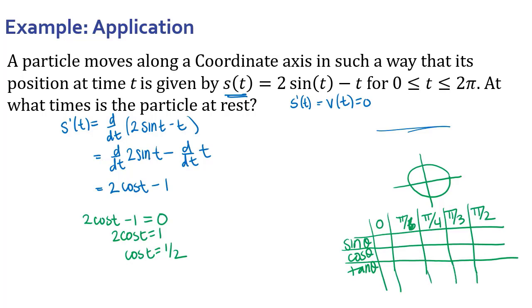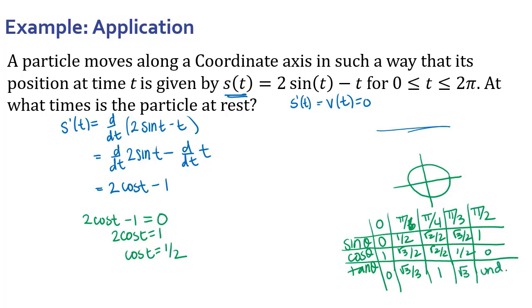When you fill this out, we get 0, 1/2, root 2 over 2, root 3 over 2, and 1. Then 1, root 3 over 2, root 2 over 2, 1/2, and 0. Then 0, root 3 over 3, 1, root 3, and undefined.